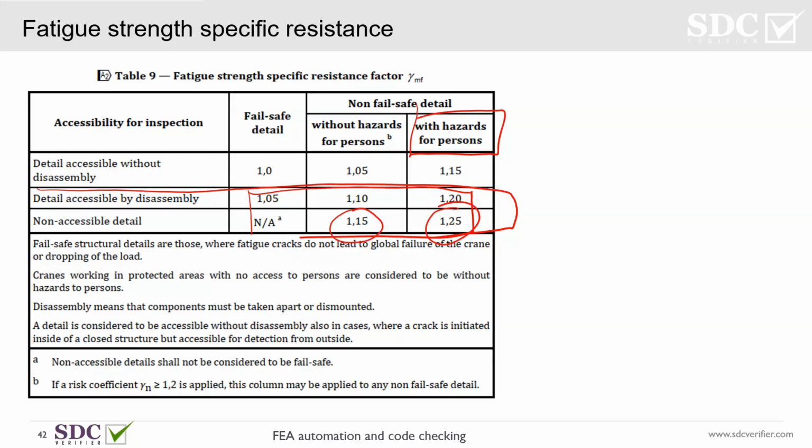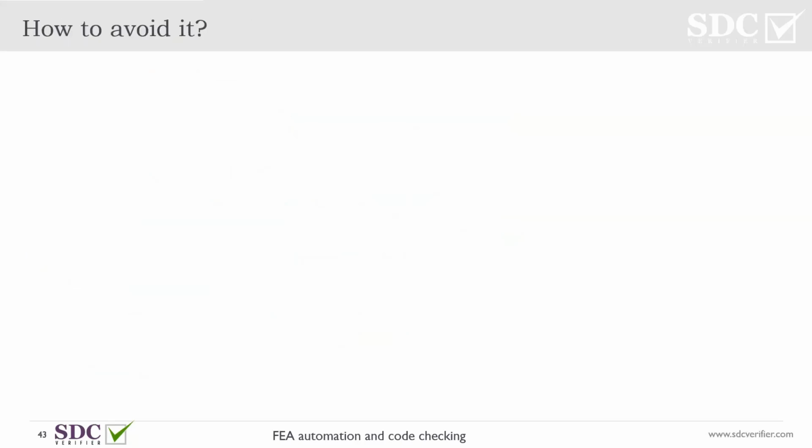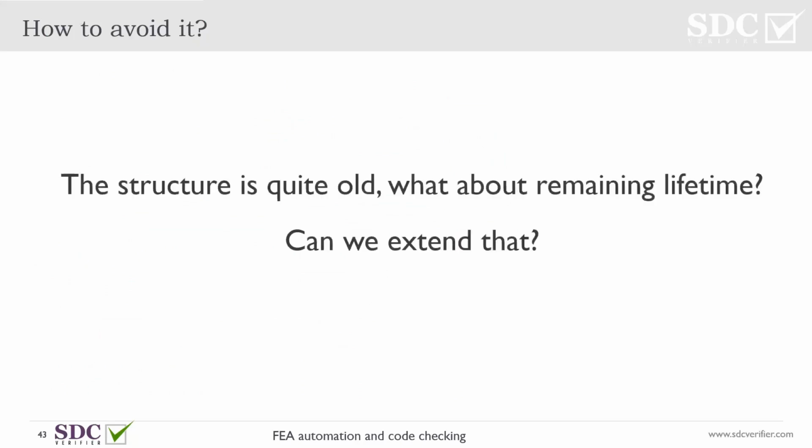The logical question appears, okay, we have all these things, we went through this, but how to avoid it? Yeah, so can we extend our fatigue lifetime somehow? The answer is yes. I mentioned at the very beginning that if we find the fatigue-prone areas, we should deal with them somehow, and we can reduce the further impact on these local areas, for example, with the help of reasonable reinforcements.